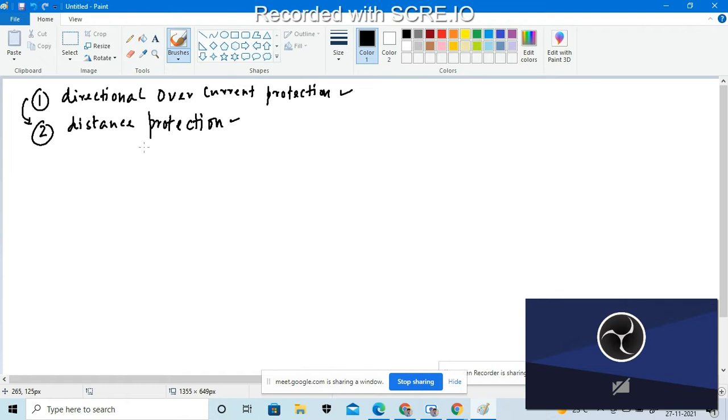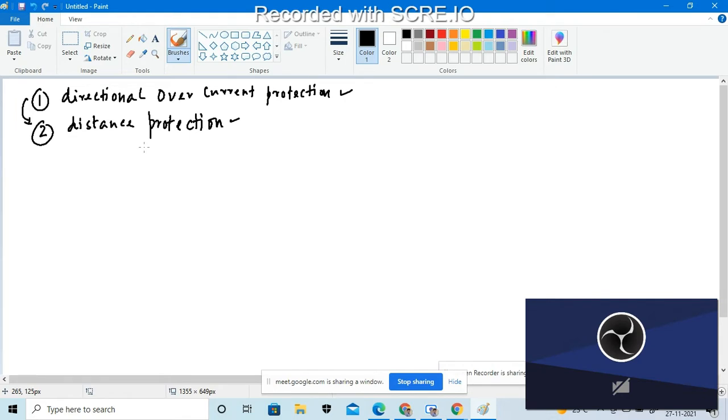That we will discuss in this case. Physically, we will not connect any relay in this case. Depending upon the distance of the particular fault that appears in the transmission line, and depending upon the values of the apparent impedances, we will select what the fault condition is.